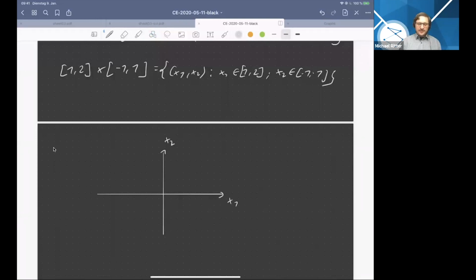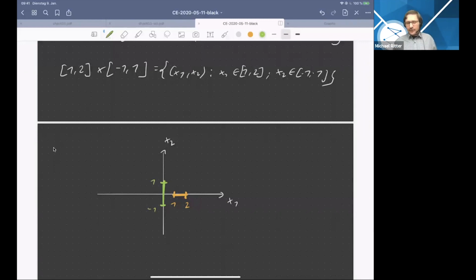So x1 varies between 1 and 2. That means here's 1, here's 2. So x1 is somewhere in that interval here. x2 varies between -1 and +1. So here's -1, here's +1. So that's where x2 varies.